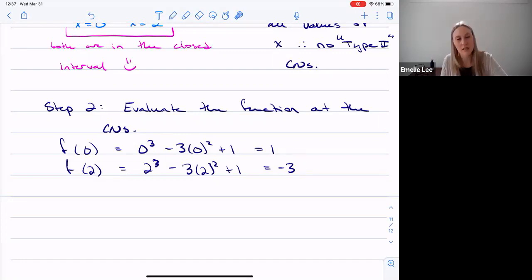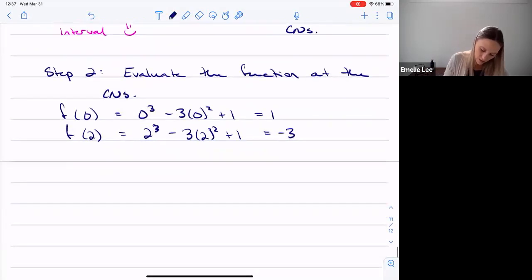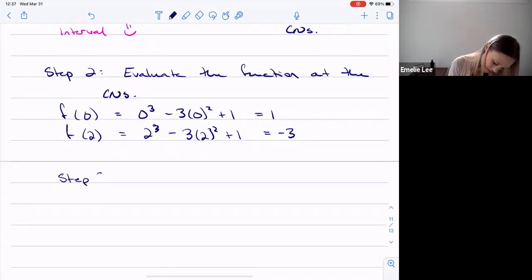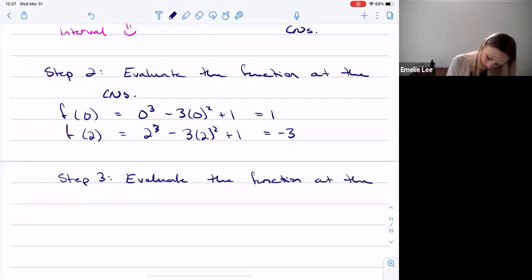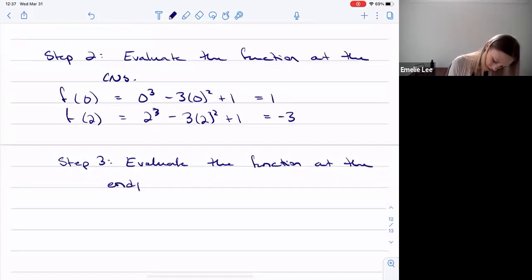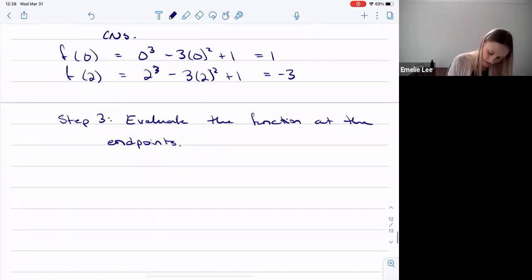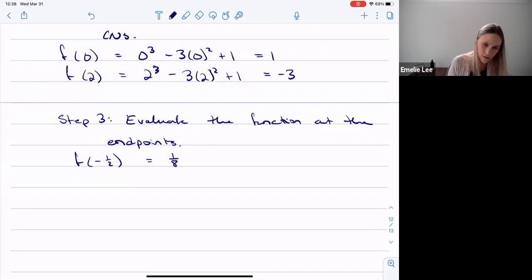But we also need to evaluate the endpoints. So step 3, evaluate the function at the endpoints. We need to find f of -1/2, which in the interest of time I'm just going to tell you is 1/8. And then f of 4 is 17.